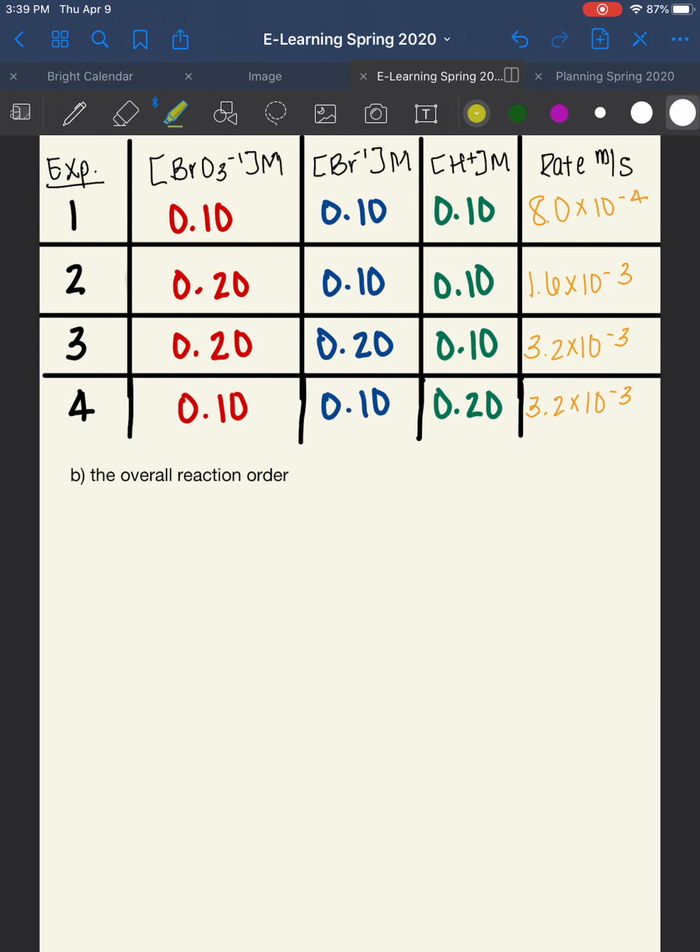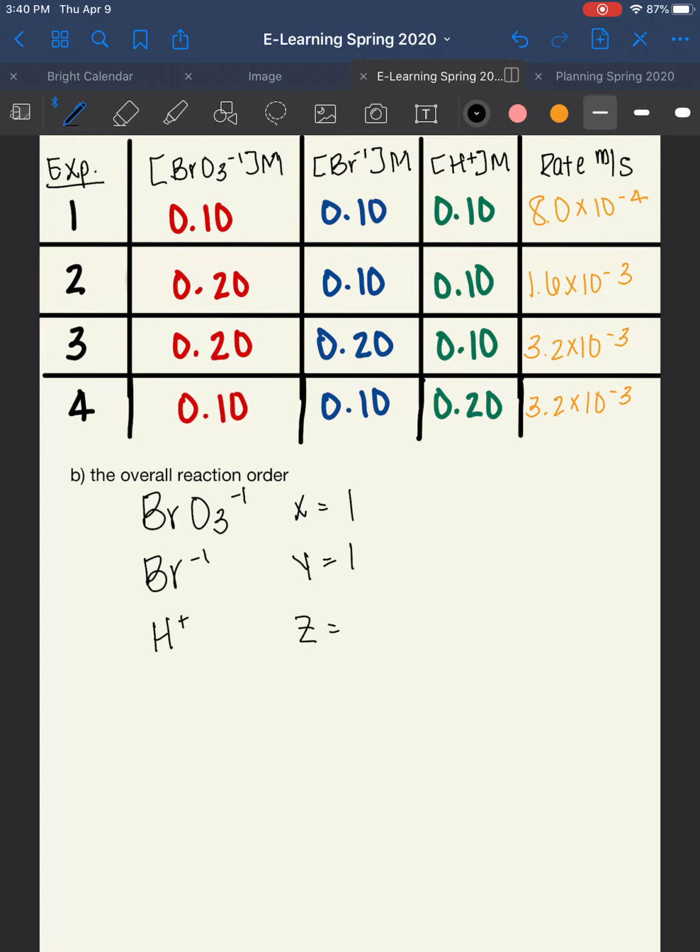Okay, so let's go on to part B. Part B is the overall reaction order. So here, we said BrO3 negative 1, the exponent, whenever we're writing our rate law, I'll just say x is equal to 1. Br negative 1, y is also equal to 1, because they're both first order.